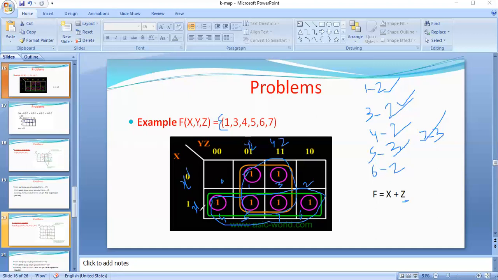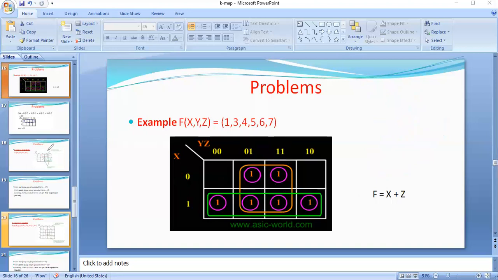Only X. Here we have y bar z bar, y bar z, y z bar. So in all 4 cells the common literal is X. So in this group, 4 and 6 are involved. So this is the simplified expression.